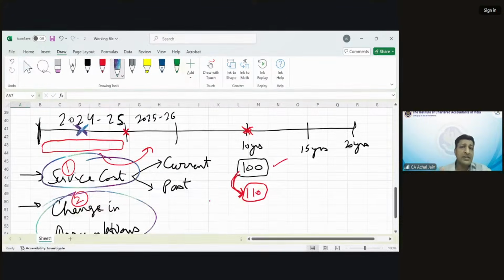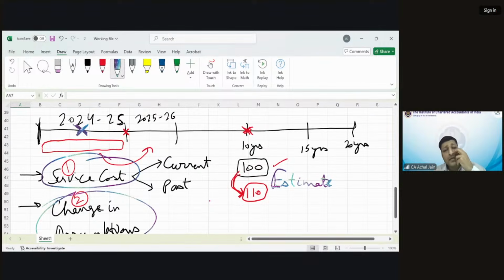So this amount will always be an estimate. And that's why we say actuarial valuation is nothing but an estimate. Yes or no? Actuarial valuation is always considered to be an estimate. Correct?